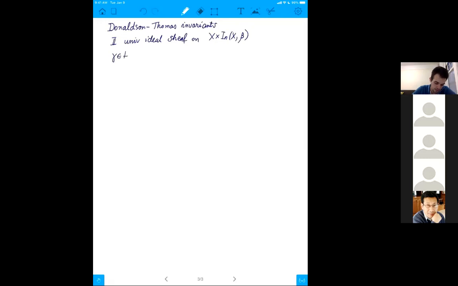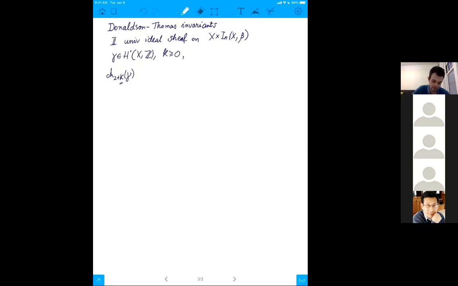Let gamma be a cohomology class on X, and let k be a non-negative integer. And then we use tautological classes coming from the universal ideal sheaf, and this class gamma, called insertions, to define some operators on the homology of I_n(X, beta). So the operator will be like this. They depend on this level k. So this will tell me what part of the Chern character of I I need to take.